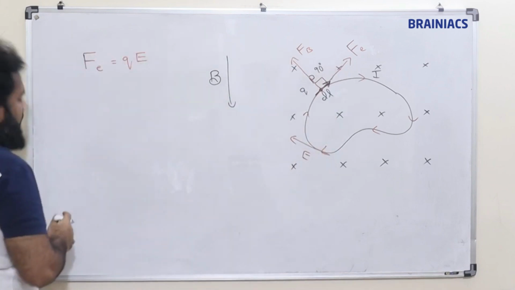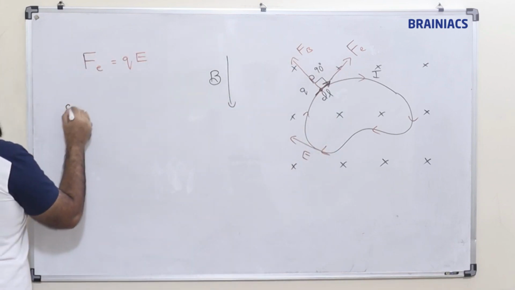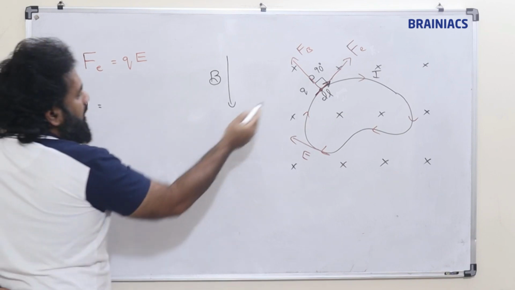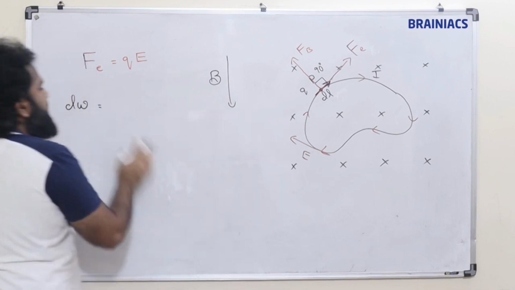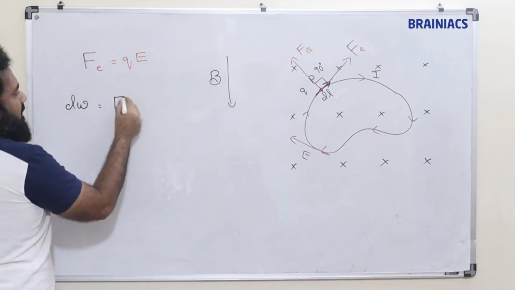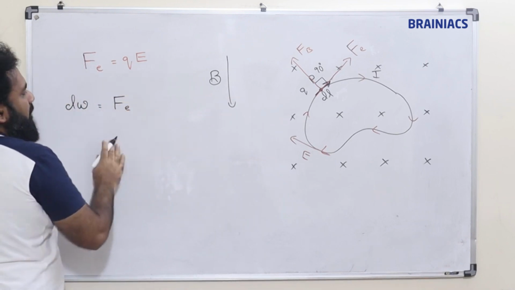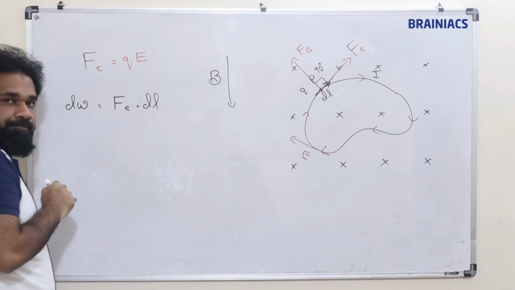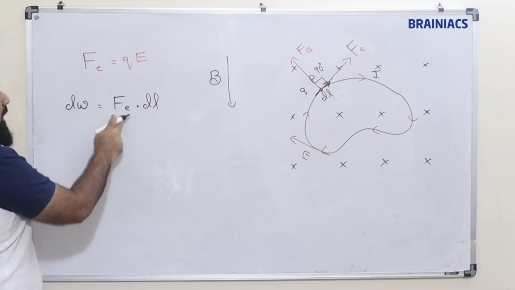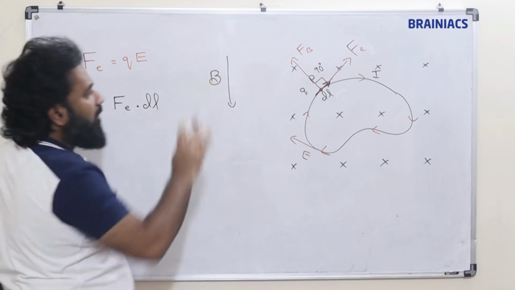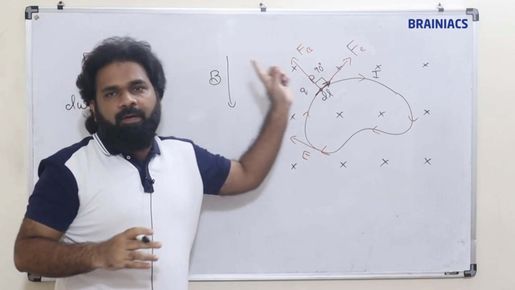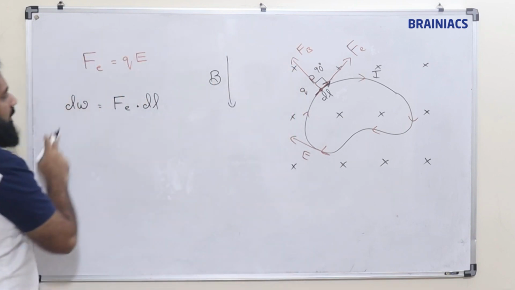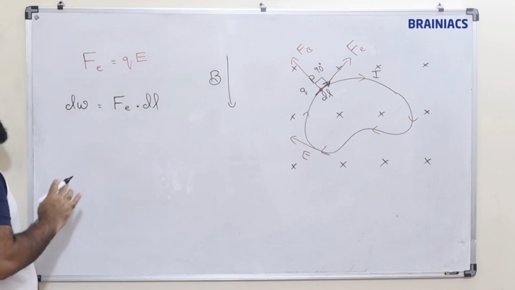So the small work done for moving this charge for a length dl is nothing but electrostatic force dot dl. Magnetic force will do zero work, so I am considering electric force only, Fe dot dl.